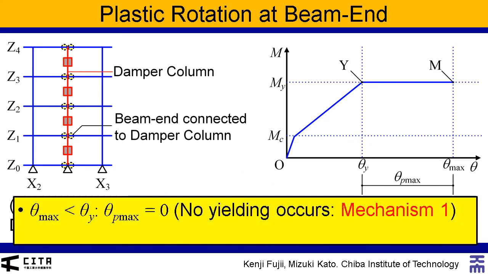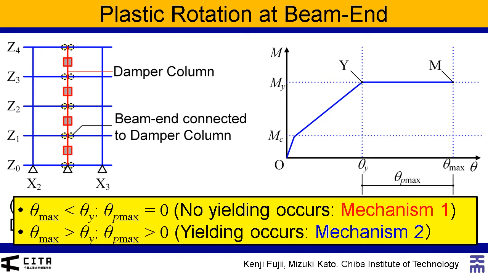When theta max is smaller than theta y, theta p max is 0. In such case, no yielding occurs. This corresponds to mechanism 1. While when theta max exceeds theta y, yielding occurs. This corresponds to mechanism 2.